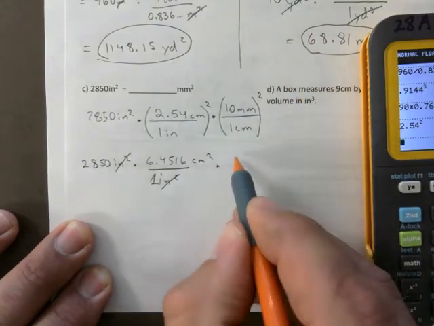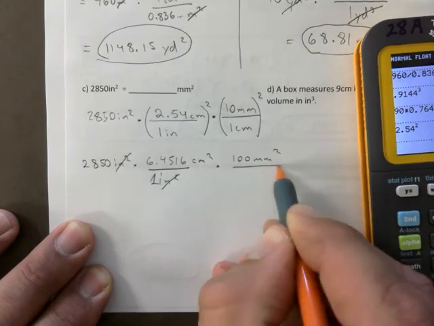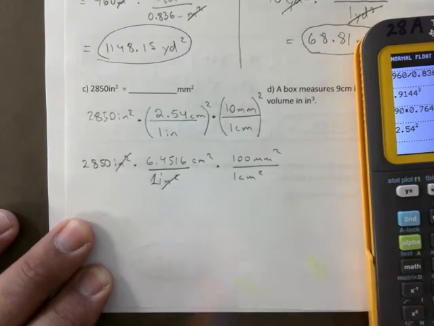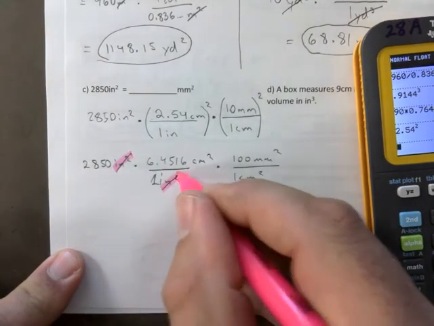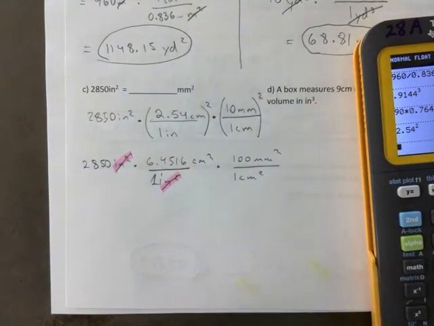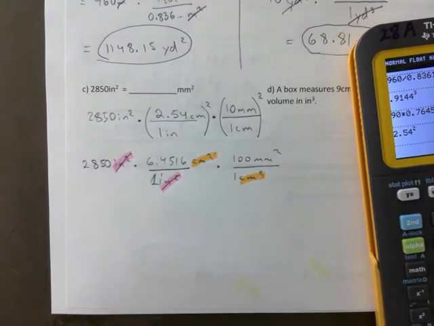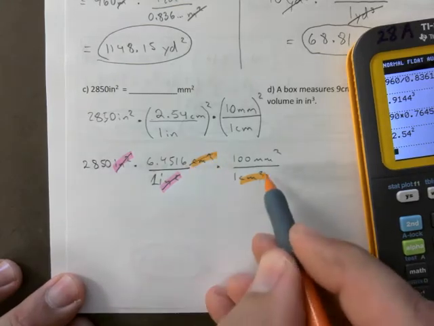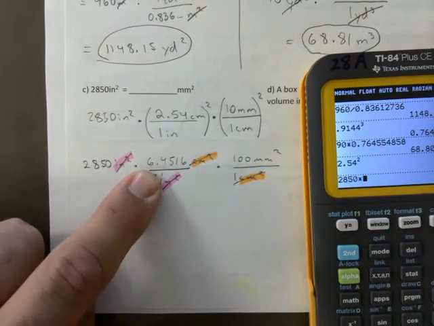And then I will go, that's 100, right? Millimeters squared over 1 centimeter squared. And the centimeters cancels out here, right? Cancel, cancel.